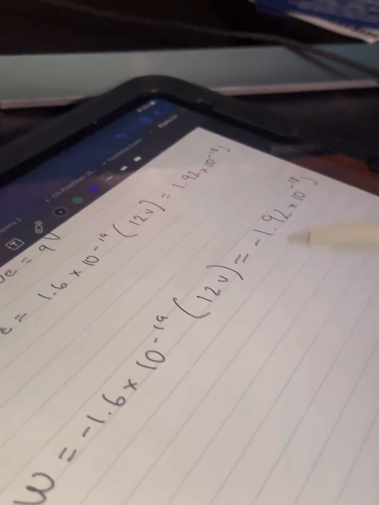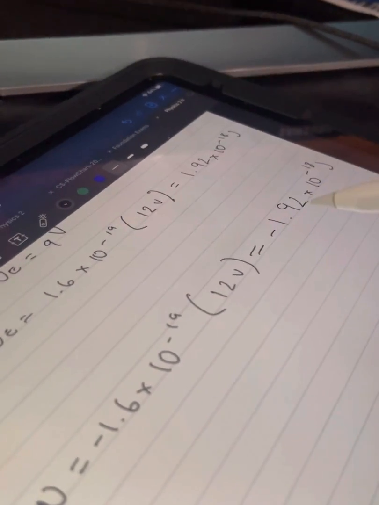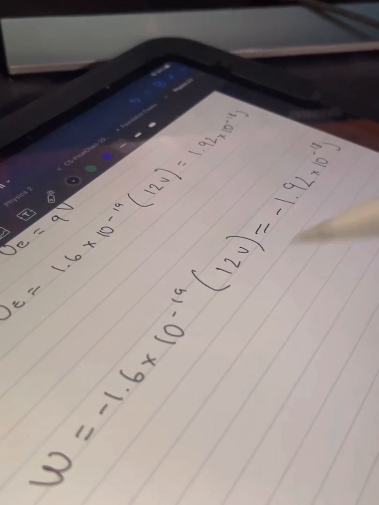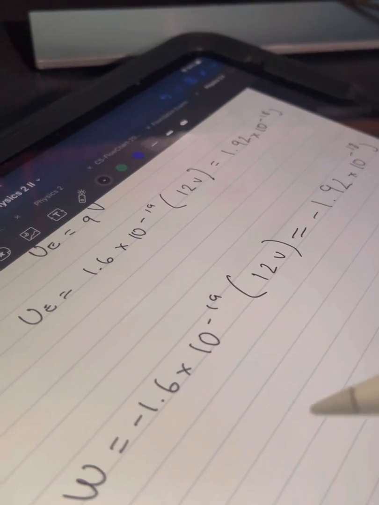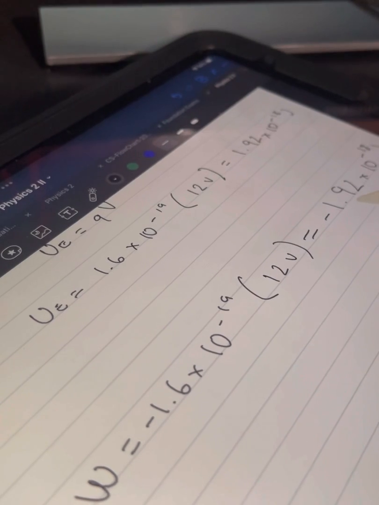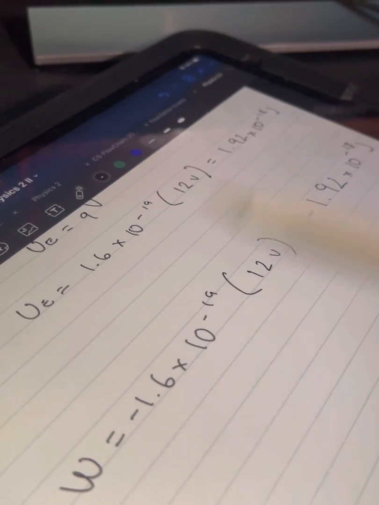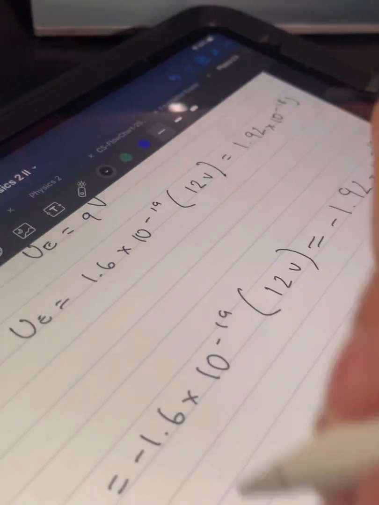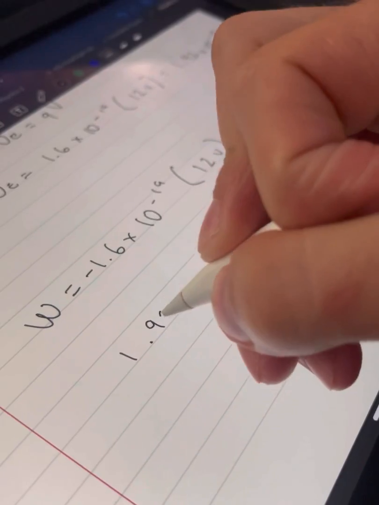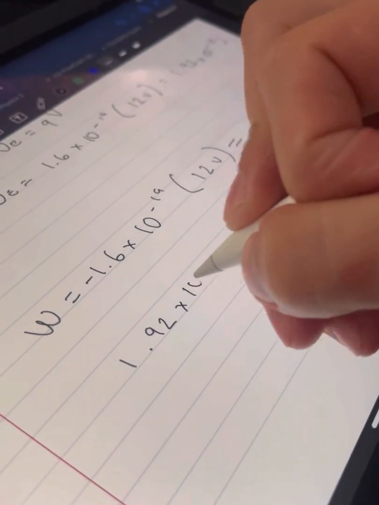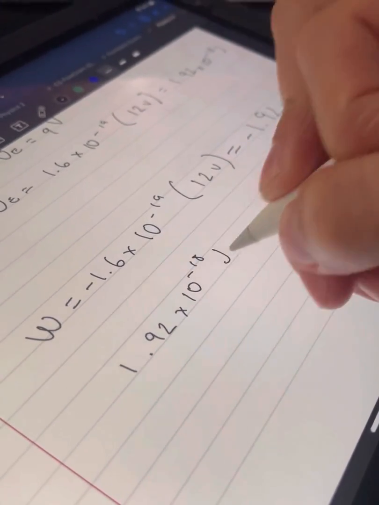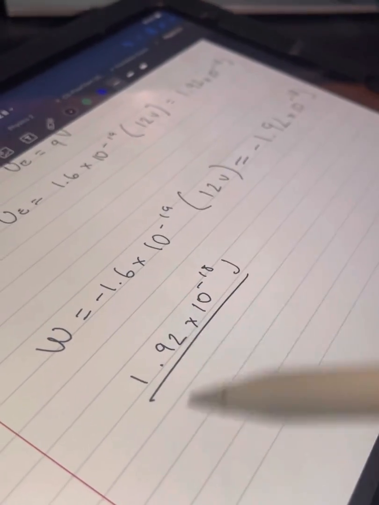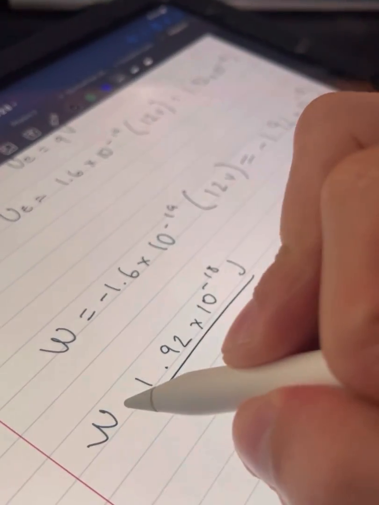We have to keep in mind that this is what the particle is doing, going in its regular flowing motion from negative to positive. However, if we want to push it backwards from positive to negative, we have to flip the sign. So it'll be positive 1.92 times 10 to the negative 18 joules. And that's how much it requires to be pushed in the opposite direction.